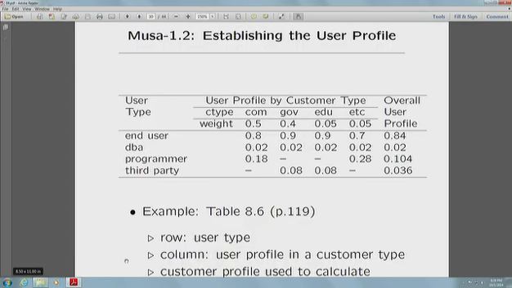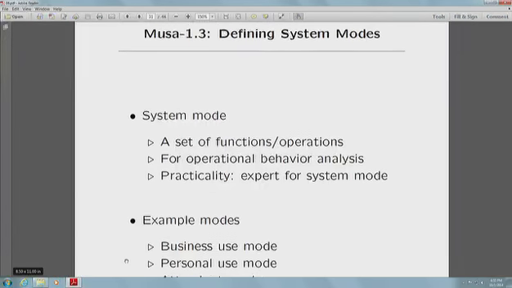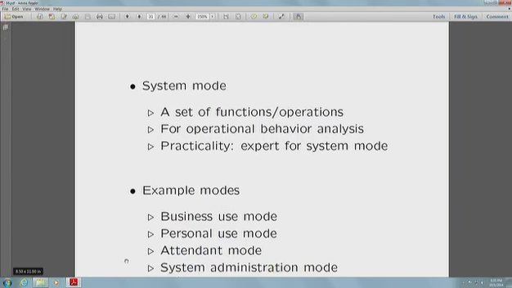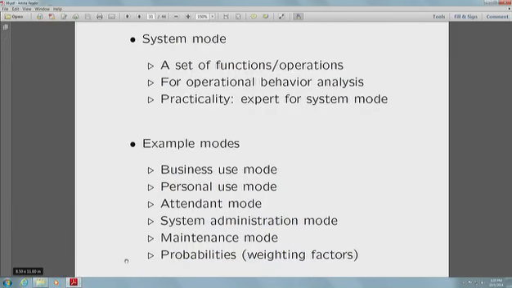The system mode profile is essentially looking at the system mode and at a collection of operations that are going to be used together. See, we did things from the external point of view of customers and users.